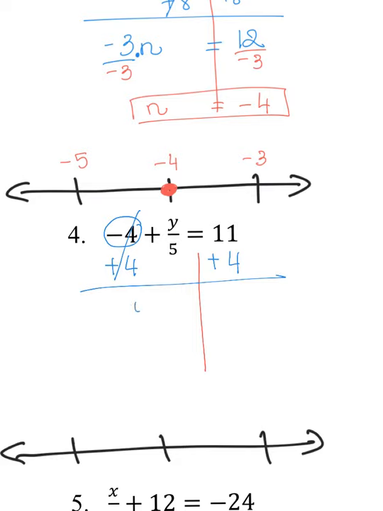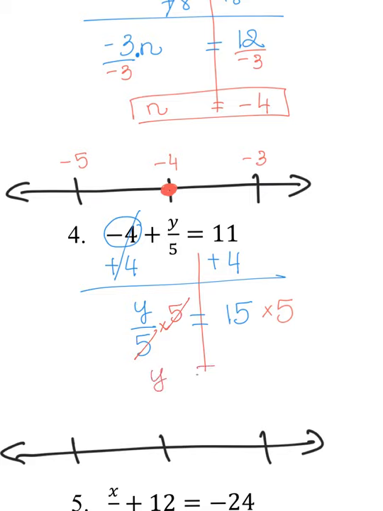Whatever you don't use, you bring it down. 11 add 4 is 15. y divided by 5, y over 5. So what is the inverse of division? Multiplication. I multiply by 5 on both sides because 5 over 5 gets me y by itself.